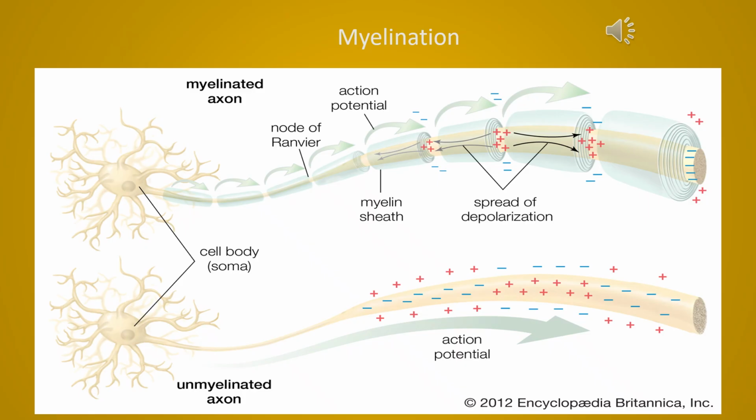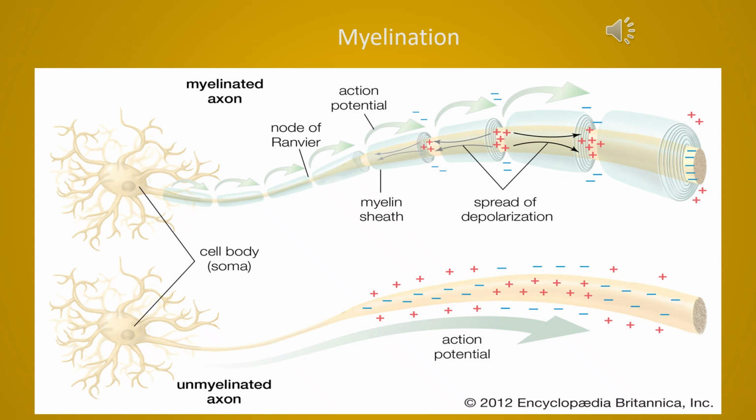In the case of the myelinated axon, having the sodium gates positioned at the nodes of Ranvier, the depolarization takes place in jumps, like a kangaroo would jump from one location to the next, to the next, to the next. Well, what that translates into is a great difference in the speed of transmission.